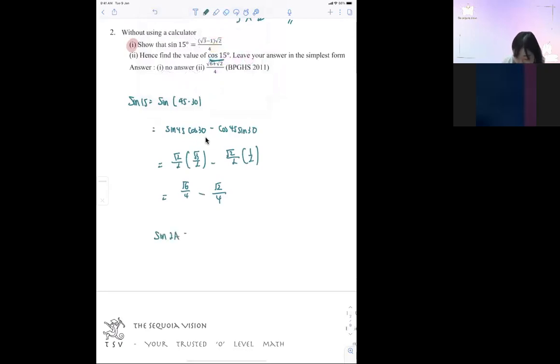Sine 2A is 2 sine A cosine A. Very good. So sine 2A, if A is 15, 2A will be what? 30. Very good. So 2 sine 15 cosine 15. Sine 30 is half, right? So half divided by 2 sine 15.